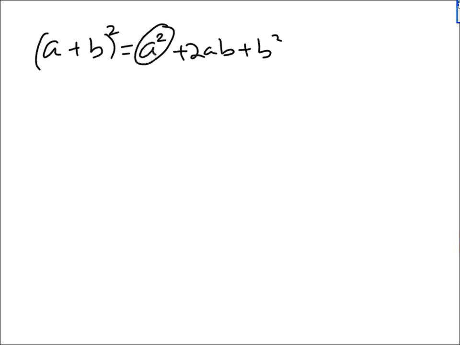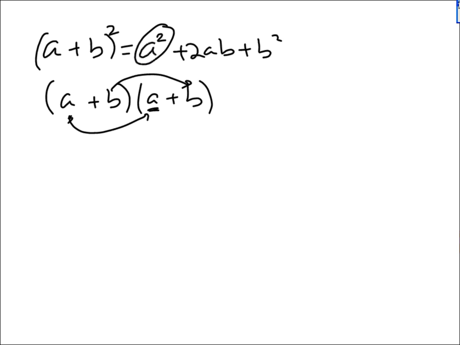Instead of thinking of this as the first squared plus 2 times the first times the second plus the second squared, instead of calling this the first squared, call it the first times the first. Because that's exactly what you're really doing when you're FOILing out: first, multiply the first by the first, and at some point, the second by the second.